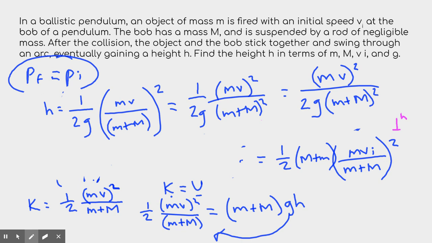When I divided, I divided both sides by the m plus m, and I moved it over here. That's how we ended up with this squared term. And that is what h equals. So again, I don't care which of those 3 ways you write it. All 3 are correct. They're all saying the same thing.